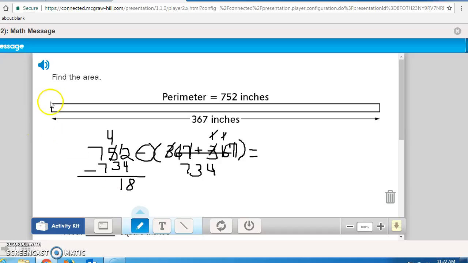I need to divide that by 2 because I have 2 lines, 2 endpoints. So that means each one of these is 9. That looks a little deceiving there because I drew to show you where that line's at. But it is actually simply 9. So I know this line is 367, this line is 367, and then each of these adjacent lines would be 9.